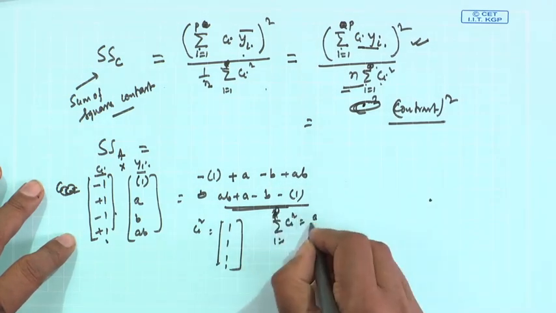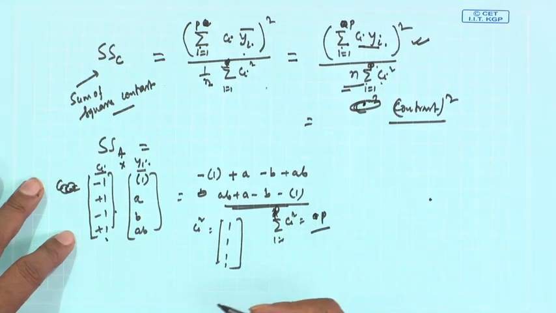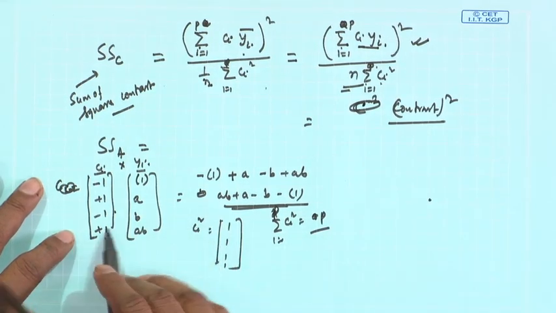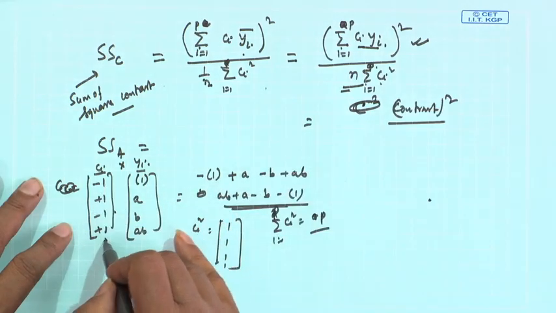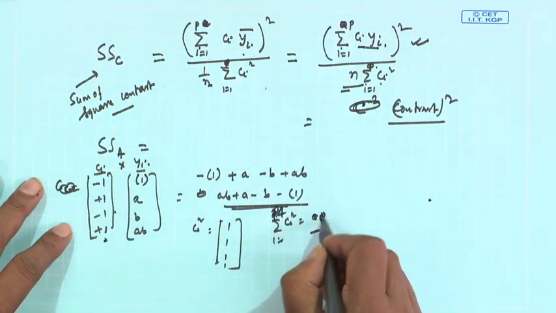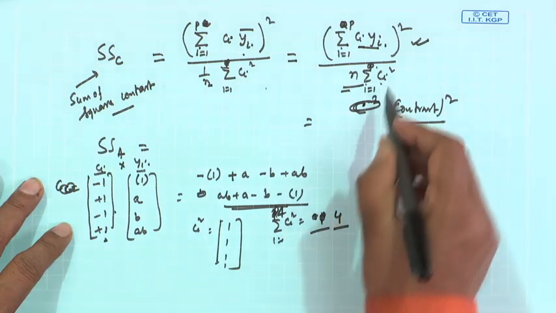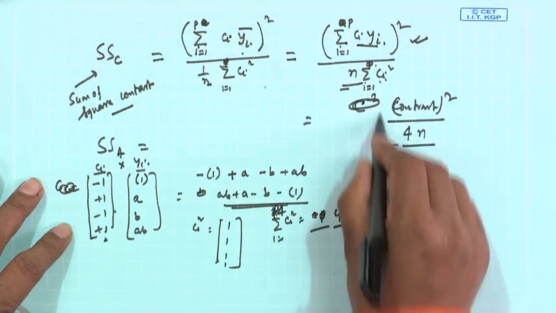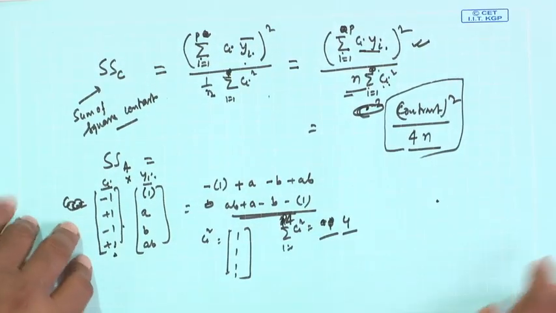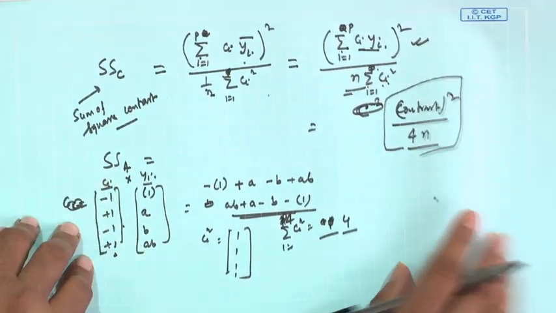Suppose I say P here, so it will be P. Now, in this case, what are the settings? 4 settings. So, the sum is 4. So, this quantity is 4 into n. So, please remember this one, interesting one.